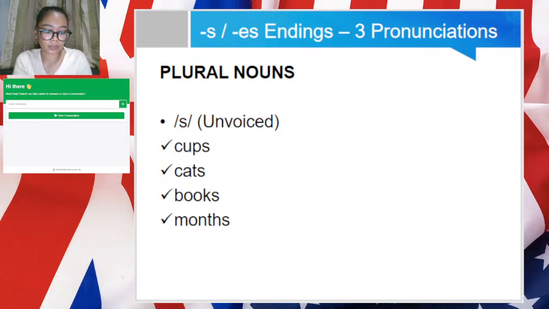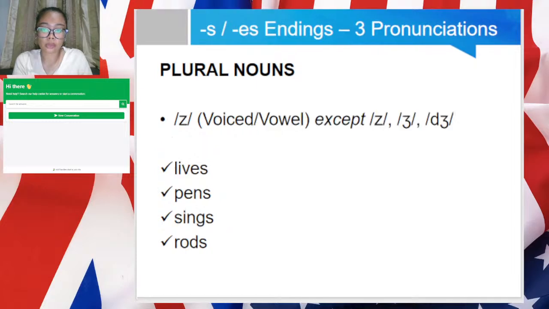All right. Next is rule number two for the suffix s or es. Here, since we've already talked about the unvoiced sound, of course, we'll also talk about the voiced sound, which is always paired with vowels. This is very similar to the ed suffix, where the second rule also depends on the voiced sound as well as the vowel sound.